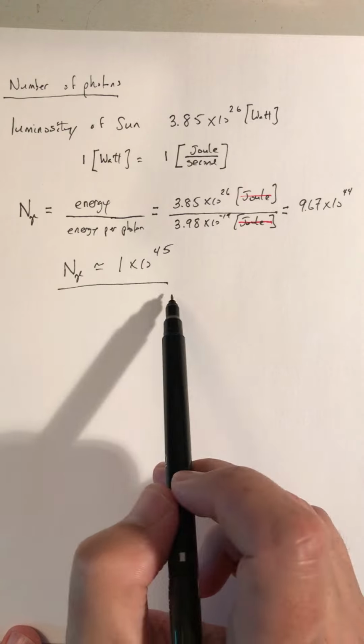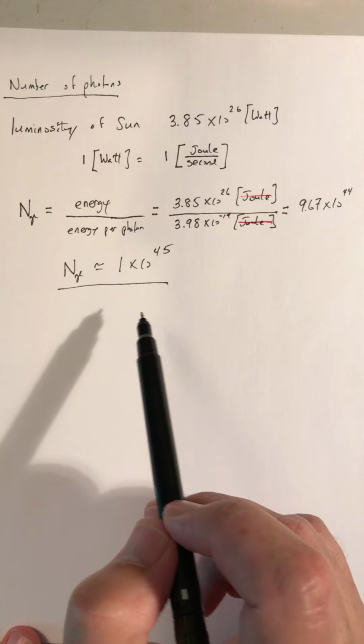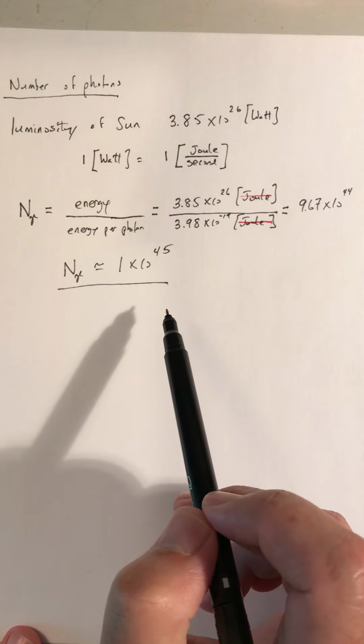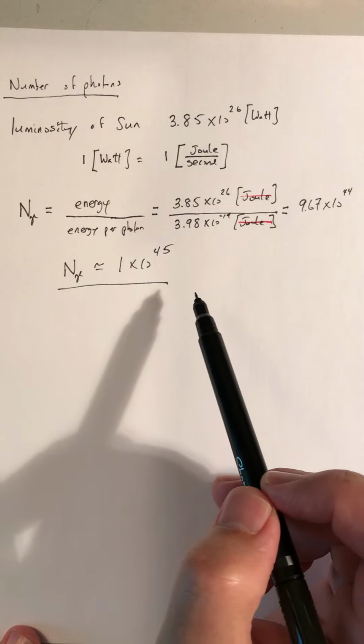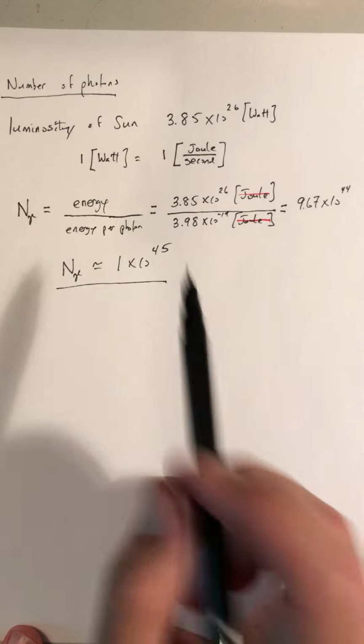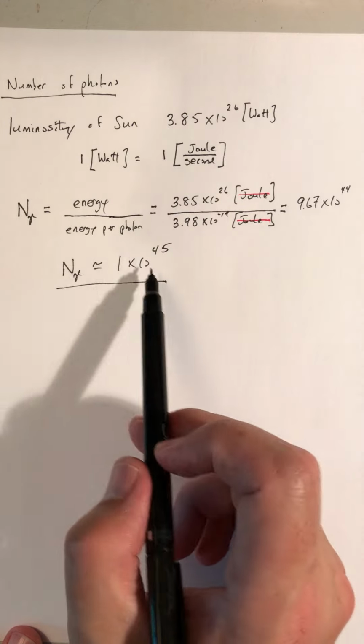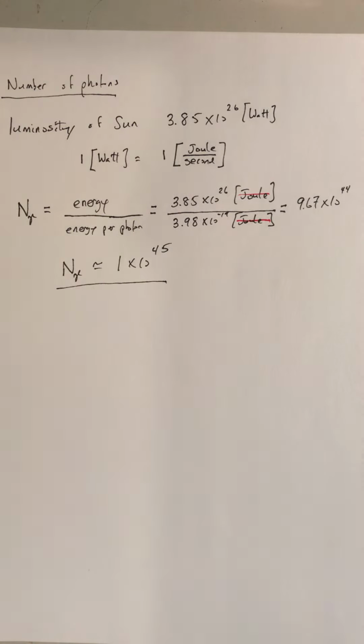And that number is so large that it's no wonder that any time you've been interacting with light in your life, you are thinking of light as being continuous and not quantized into little packets, because that is truly an astronomical number.